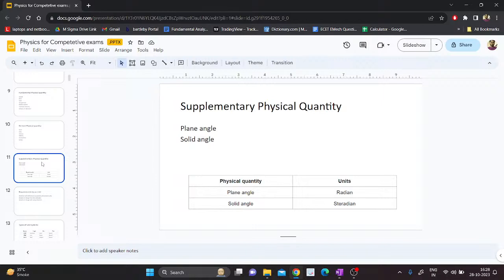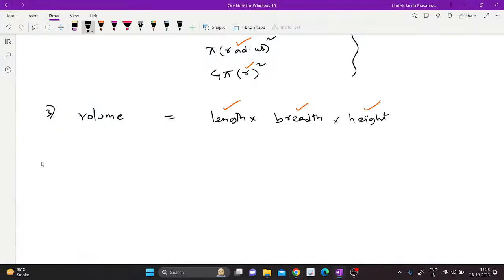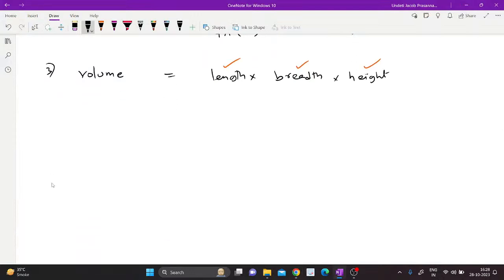Plane angle: whatever you write down on a plane, like there is this x-axis and there is this line and this angle alpha. You're showing everything on a plane here.